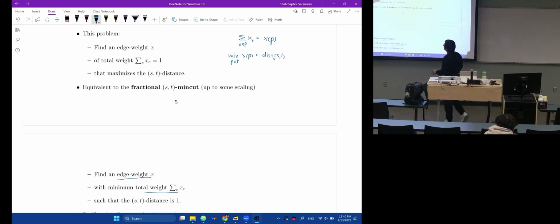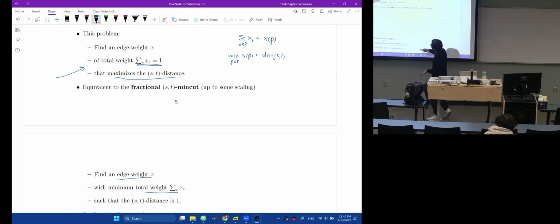And you see this is just kind of the same problem up to scaling again. Both problems just want to make S and T as far apart as possible. In this problem, you cap your capacity, the total value that you can put is just 1, and you want to maximize the distance.